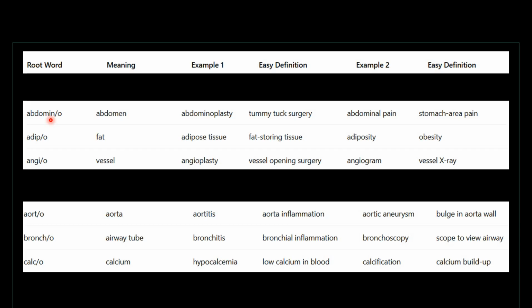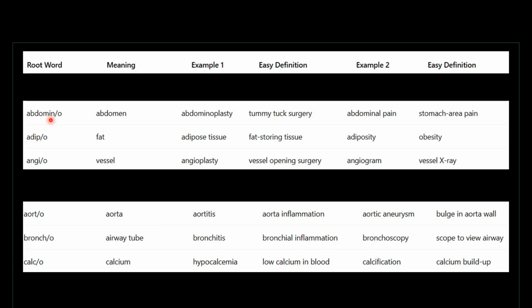Then we have the next root word, adip or adipo, which is nothing but fat. Whenever there is a discussion related to fat, you will find the root word adip or adipo. For example, adipo tissue. Adipo tissue means a tissue that stores fat, a fat storing tissue.